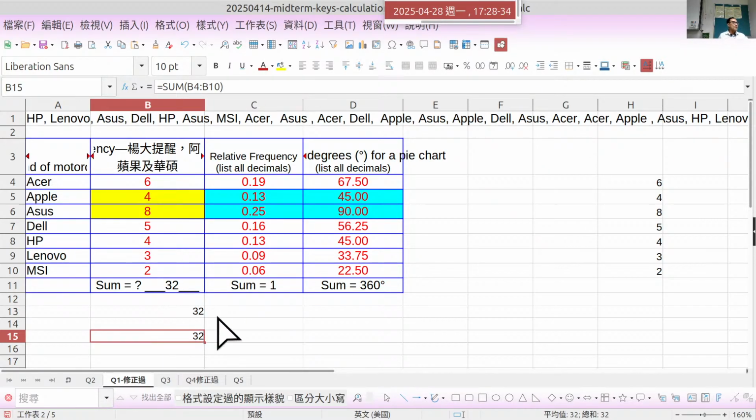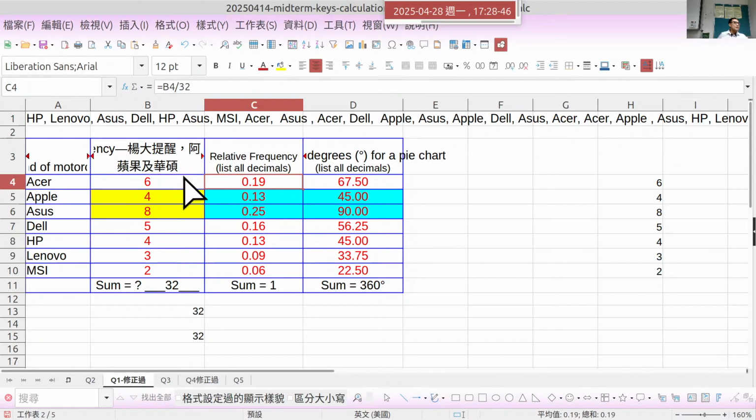And now we know the relative frequency. It means the individual divided by the total number. The individual: click here, equals B4 divided by 32. 32 is the sum. Thus, we got how much?